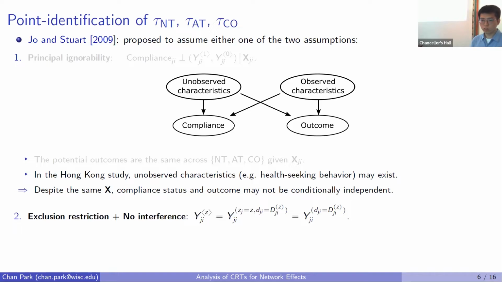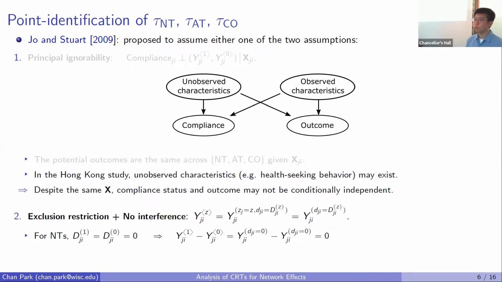They also considered exclusion restriction plus no interference, meaning that the potential outcome only depends on ego's actual treatment usage. That is, if I'm a never taker, then I will never use treatment, which means my treatment receipt is always fixed to 0, which makes the difference between two potential outcomes 0.